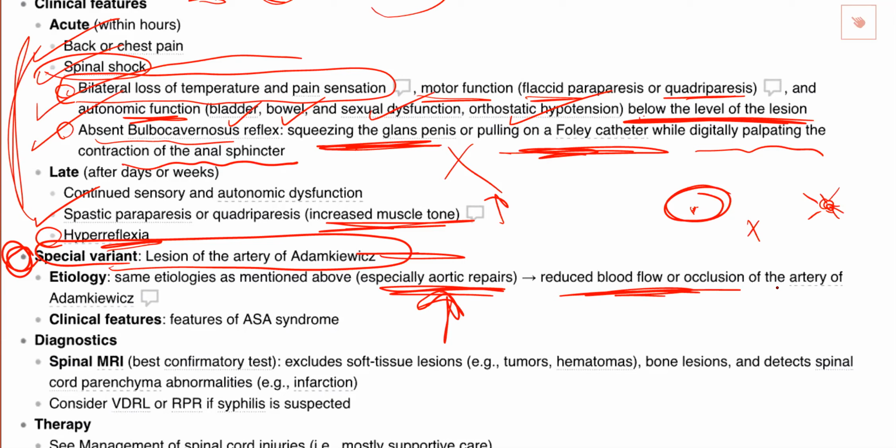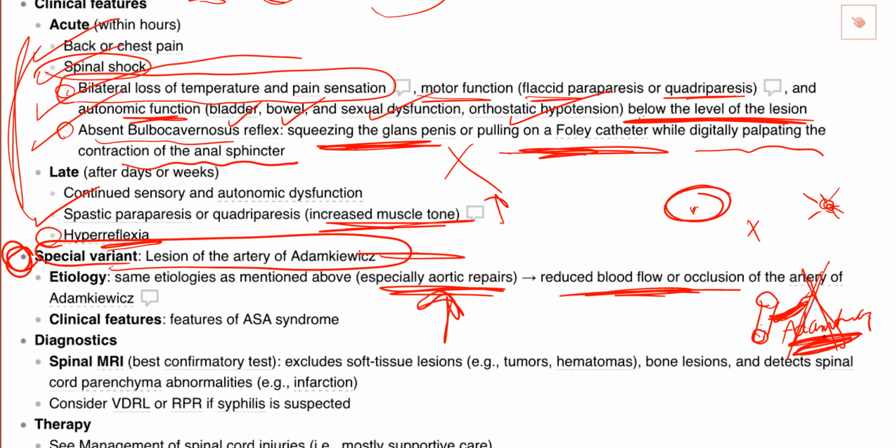So it is not a case of anterior artery compression or pathology or hemorrhage or hypotension. No, the artery that supplies the anterior spinal artery is called Adamkiewicz's artery. So this artery in aortic aneurysm repair will be affected.